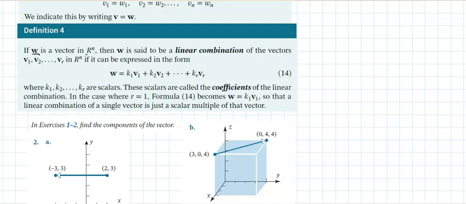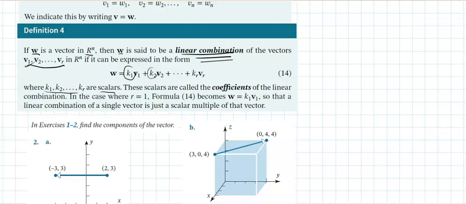If w is a vector in R^n, then w is said to be a linear combination, a massive topic for us, of vectors v1 all the way through vr, if it can be expressed as w equals k1 times v1, plus k2 times v2, and so on, where all of these are scalars.